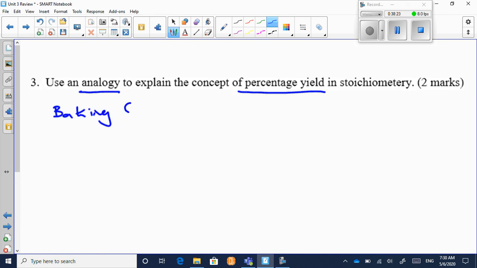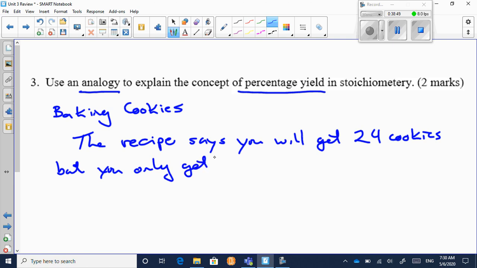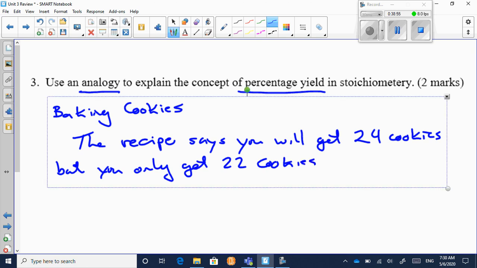The recipe says you will get 24 cookies, but you only get, let's say you get 22 cookies. So that works out to a 92% yield. That's the example.